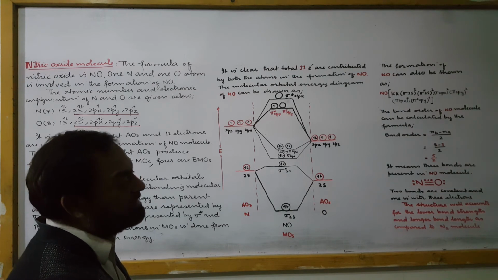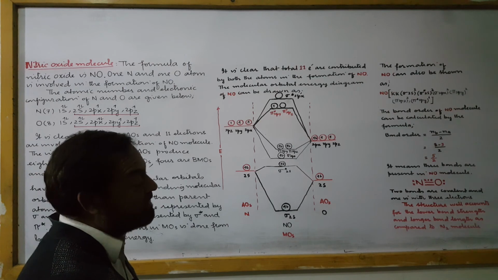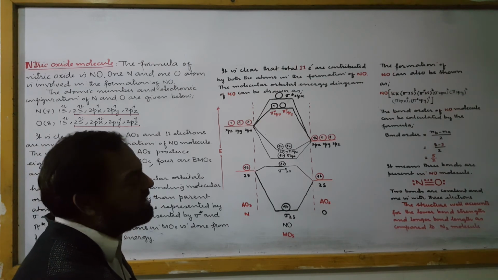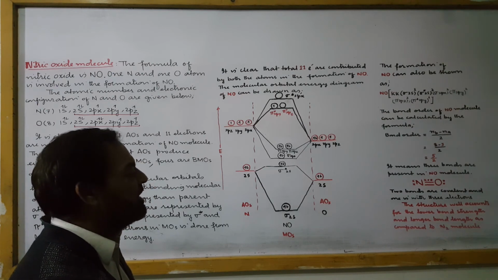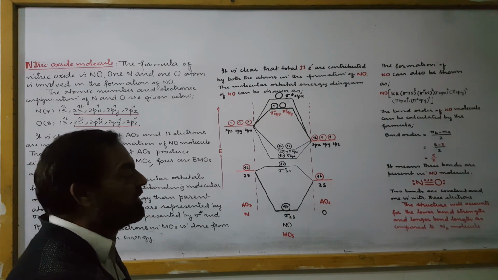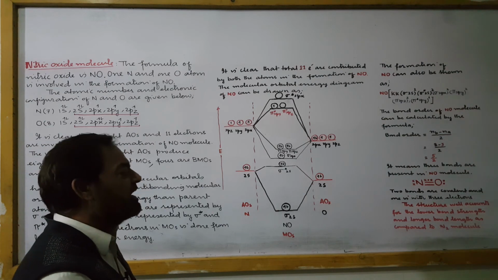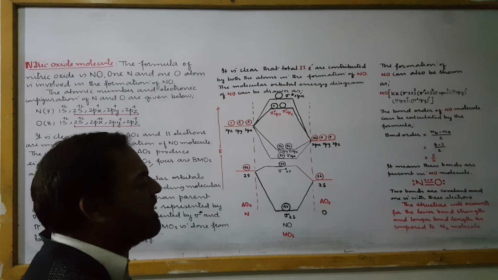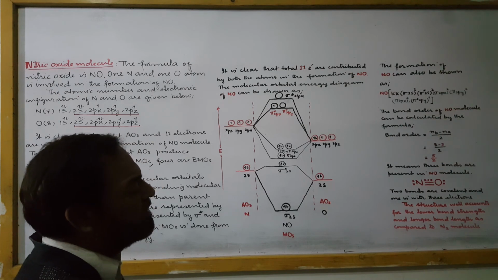It means 3 bonds are present in the NO molecule, and these bonds are 2 covalent bonds, and the third bond is formed by 3 electrons, 2 contributed by oxygen and 1 by nitrogen. See again, the structure well accounts for the lower bond strength and longer bond length as compared to the N2 molecule.